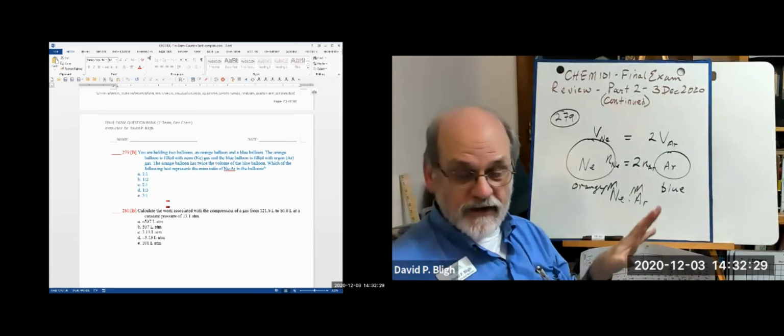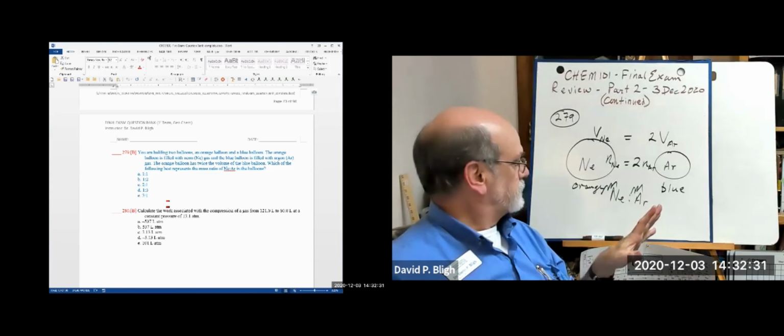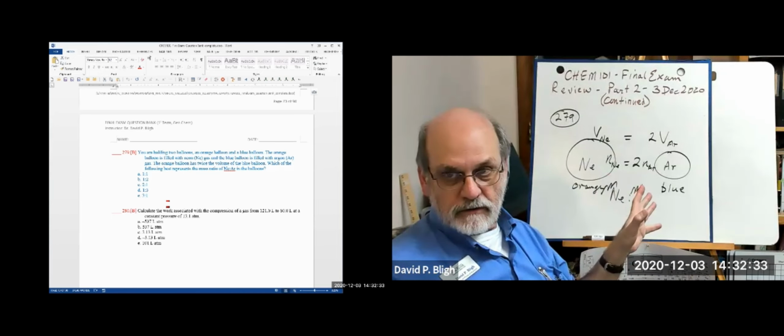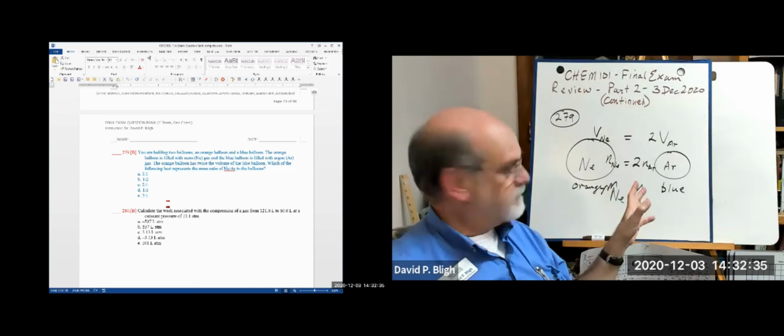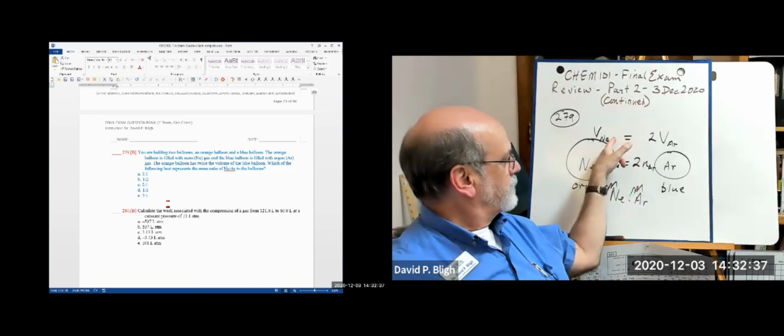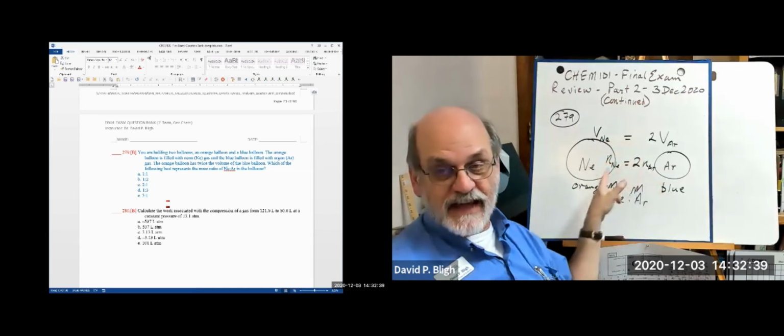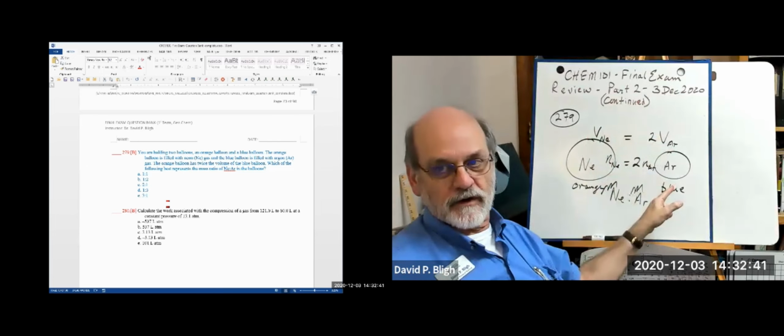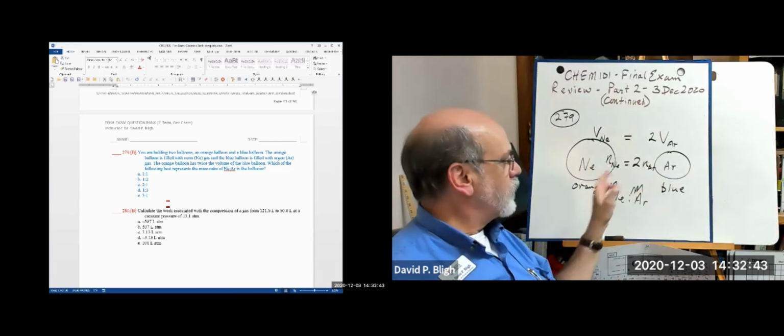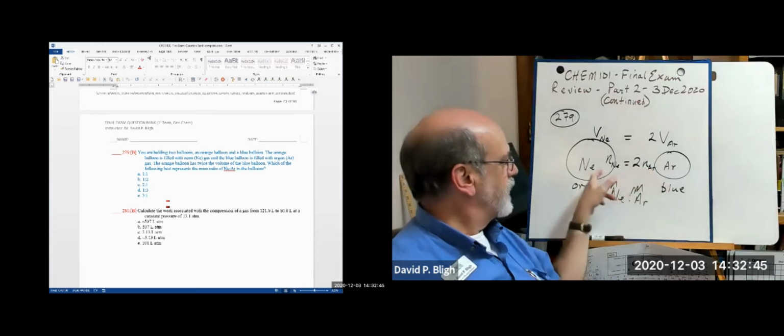Okay, all of the things being equal, pressure, temperature, if they're the same, then these two volumes are related the same way with volume and with moles. So now we know that we have twice as many moles here as we do here.